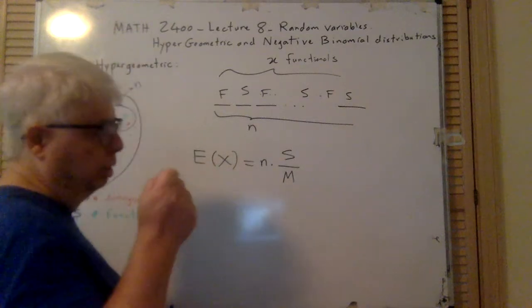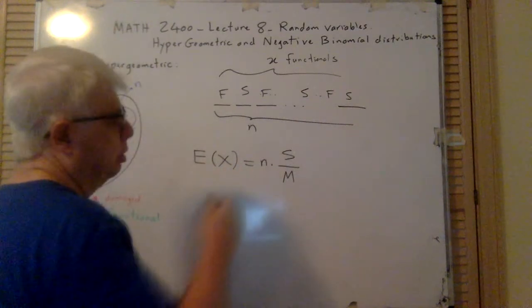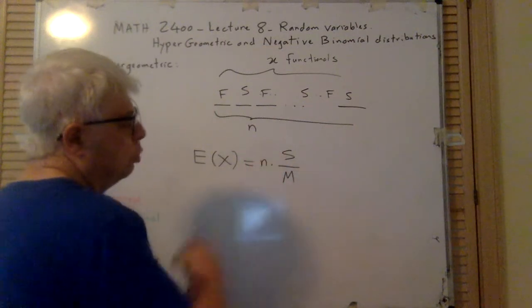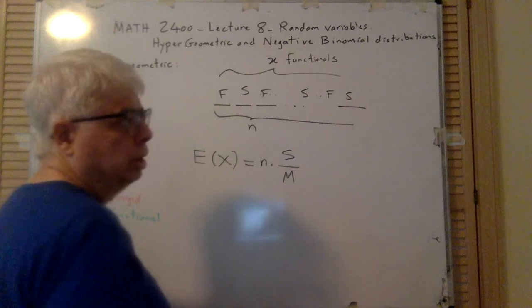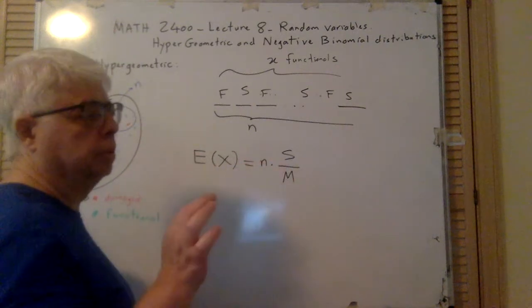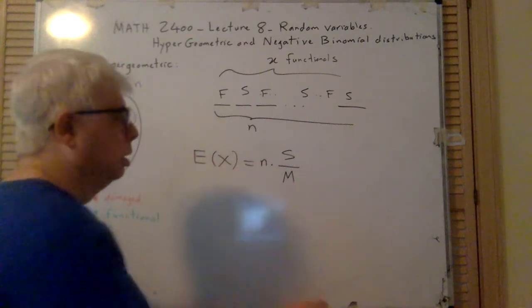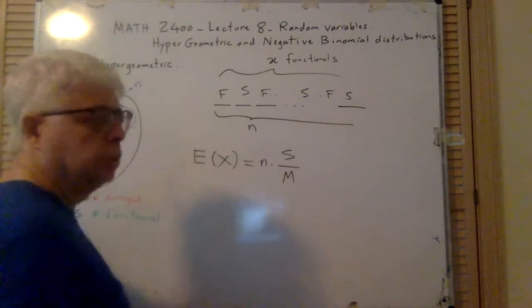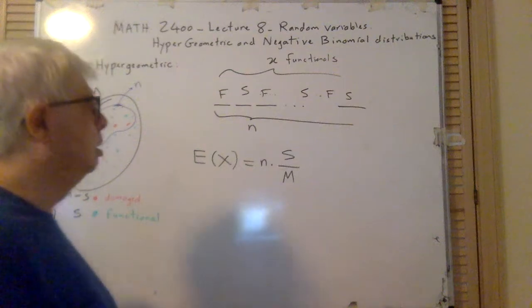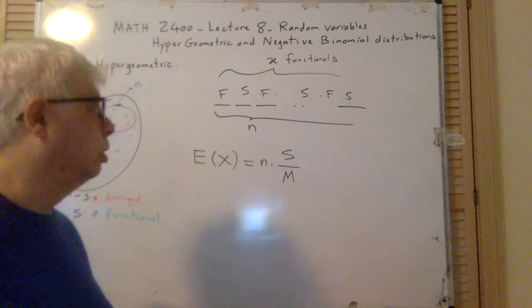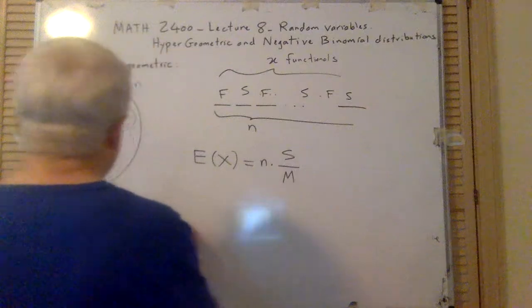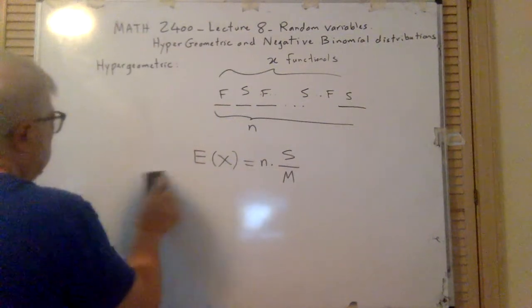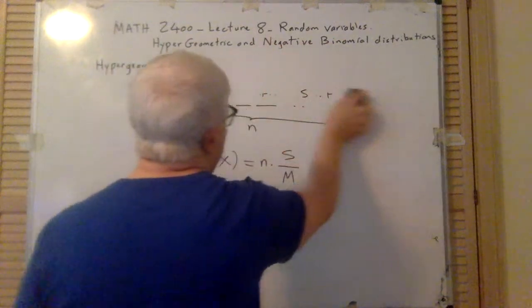So if you pick one, the number of good ones divided by the total number is the probability that when you choose one of them, it is a good one. Then you multiply by n. So it makes sense that this be the expected number of good ones. Okay, so let me erase this and discuss the other one.